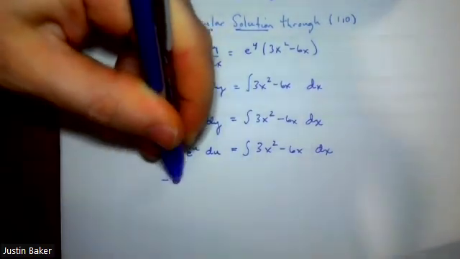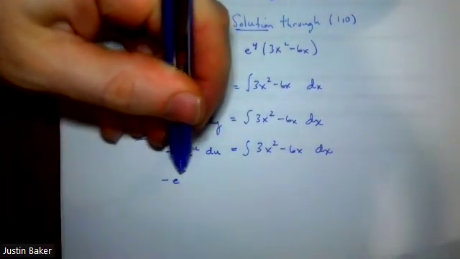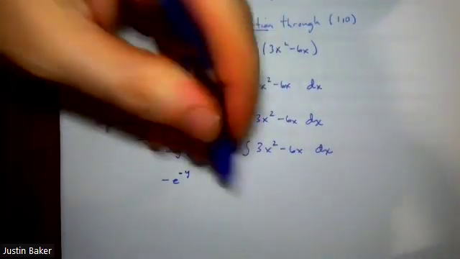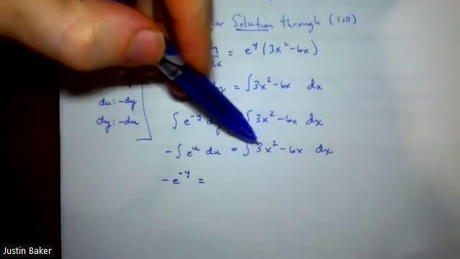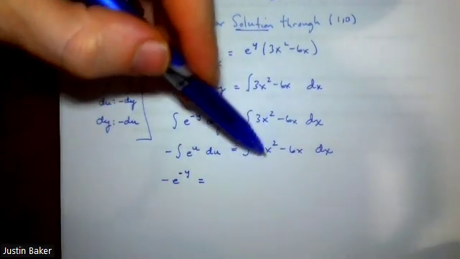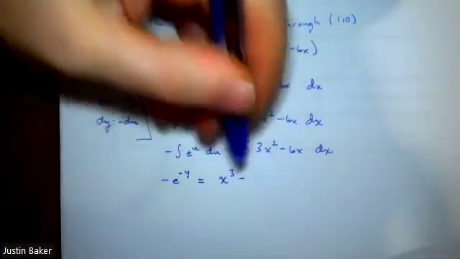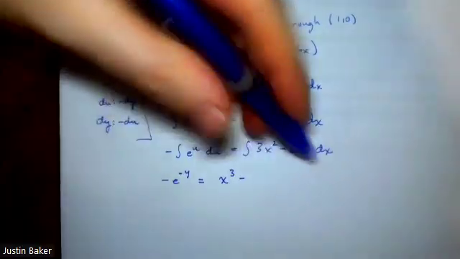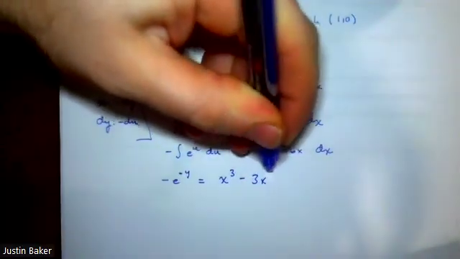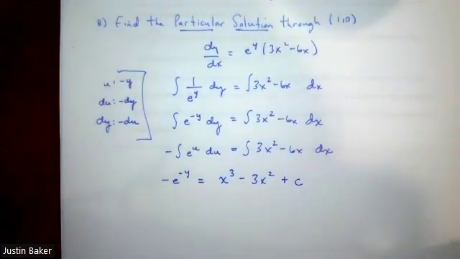So this is negative e to the u, but we're going to replace that. So negative e to the negative y is equal to, if we integrate this, this would be 3x to the third over 3. So that's x to the third minus 6x squared over 2. So that would be 3x squared. And then, of course, plus c.